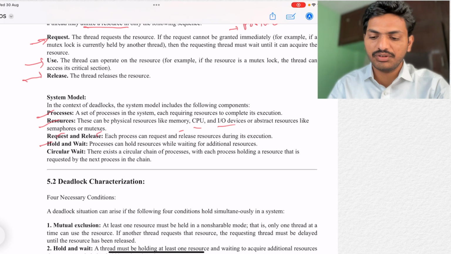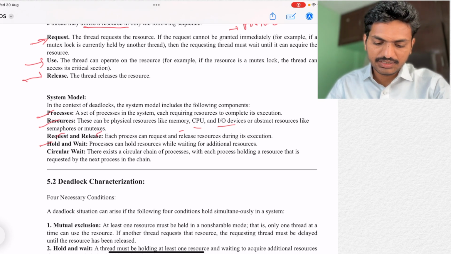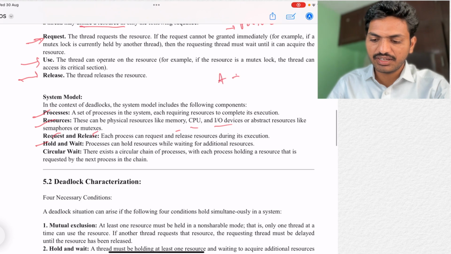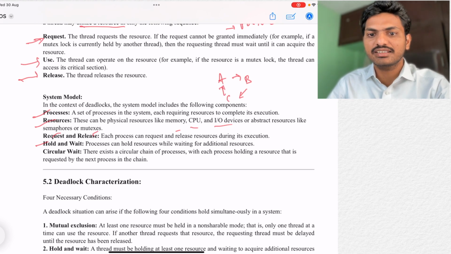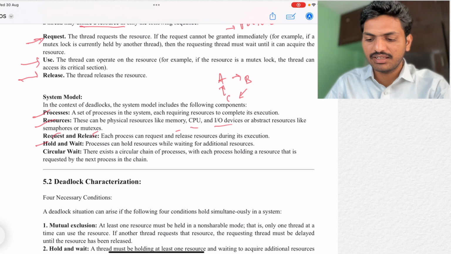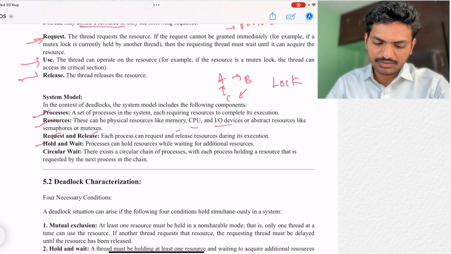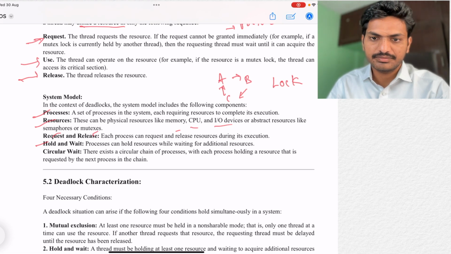Hold and wait: suppose you want both the printer and the scanner, then you hold the printer and wait for the scanner. Circular waiting means A is waiting for B, B is waiting for C, again C is waiting for A. This is a deadlock. Circular waiting.